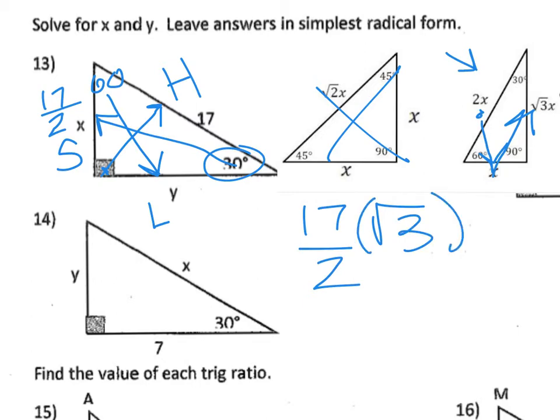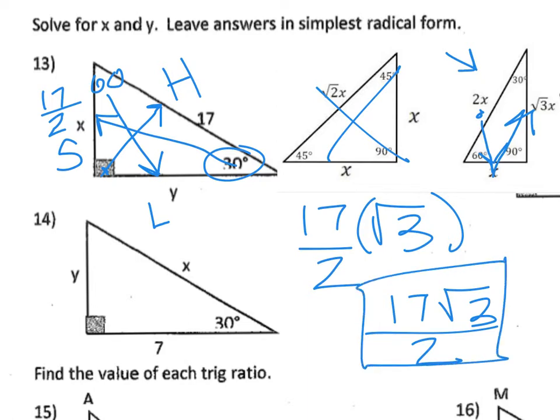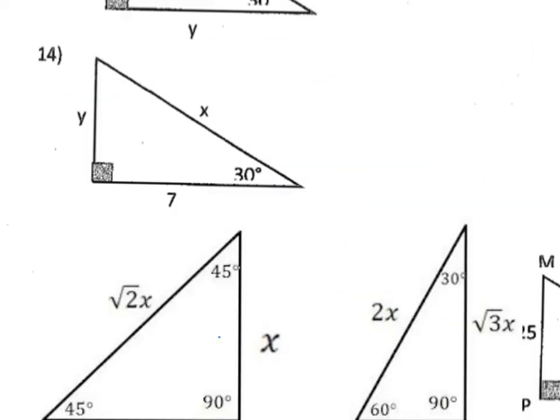So remember, we can't really multiply 17 and radical 3 because they're not like terms. So what that really is going to look like is 17 radical 3 over 2. And then you would look to see if the 17 and the 2 could reduce any further, and it doesn't. So this would give us our y, and our x up here is 17 over 2.